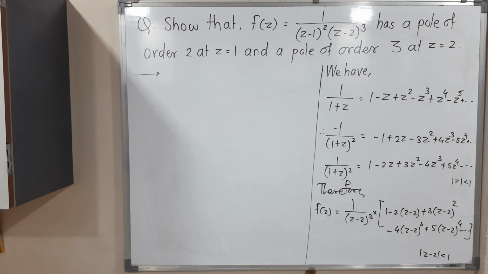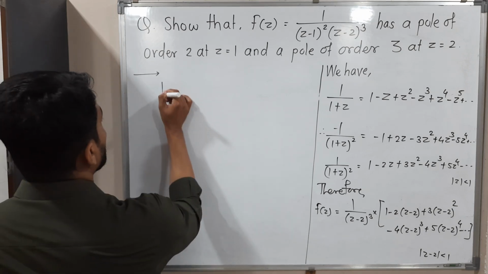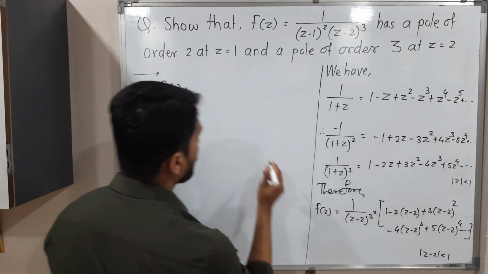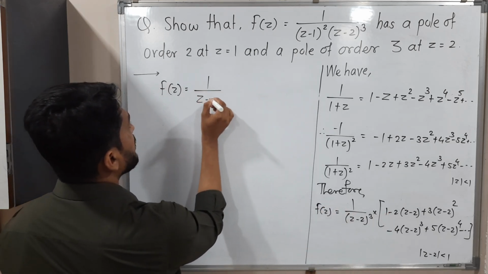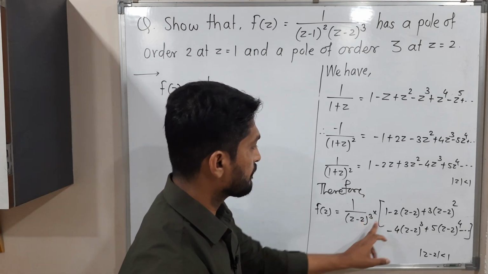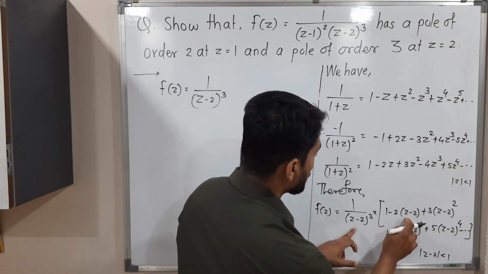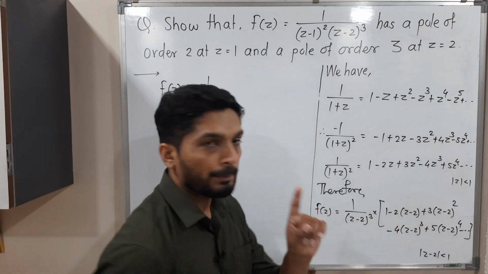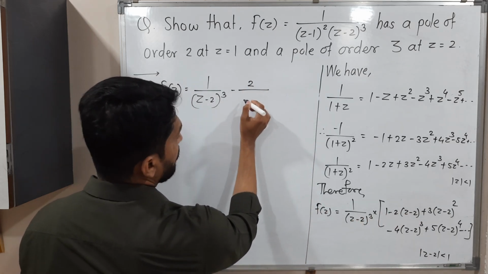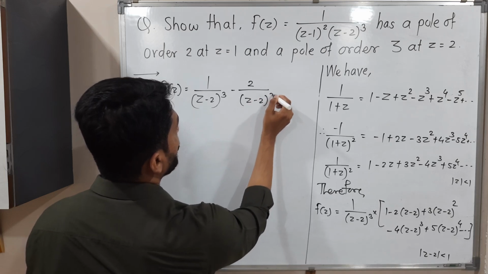So now let us see. f of z is equal to f of z. I am multiplying each term by this bracket 1 upon z minus 2 cube. If you multiply anything by 1, you will get same. If you take the product of this one and this one, z minus 2, one bracket will get cancelled and you will have minus 2 upon z minus 2 square.